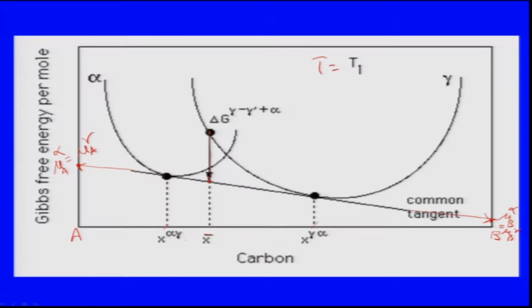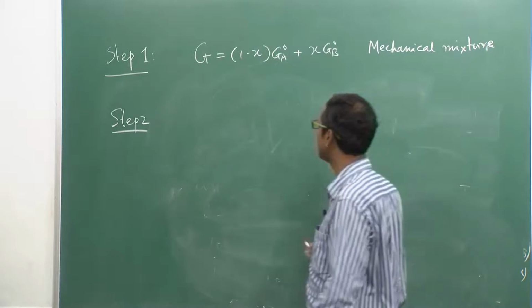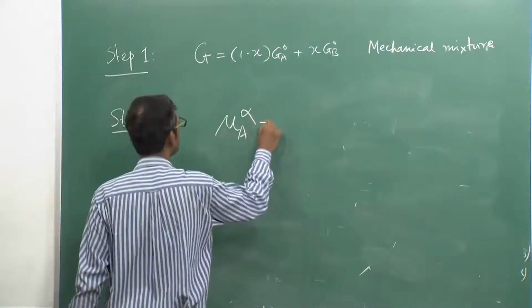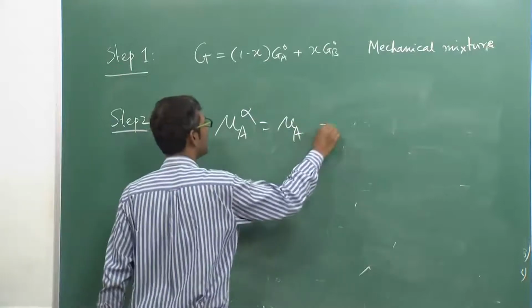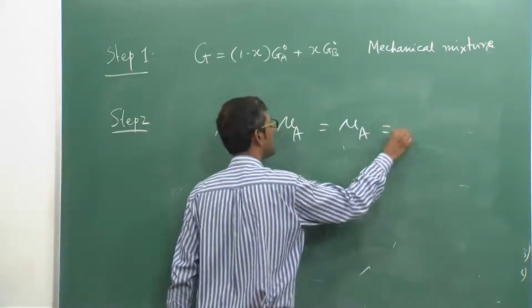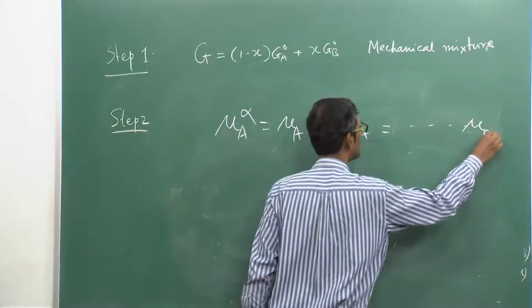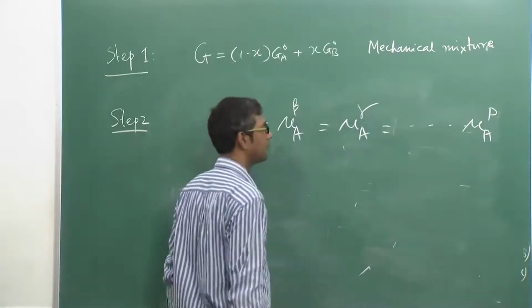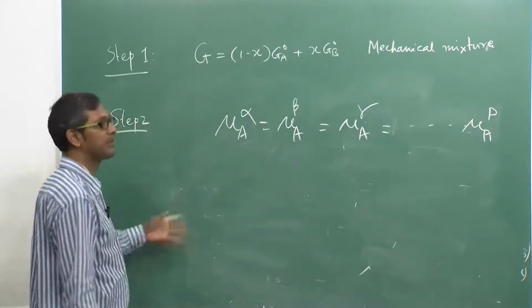So, if any system, no matter how complex, has many components and many phases, you simply write the condition like this. Okay, so that must be satisfied.